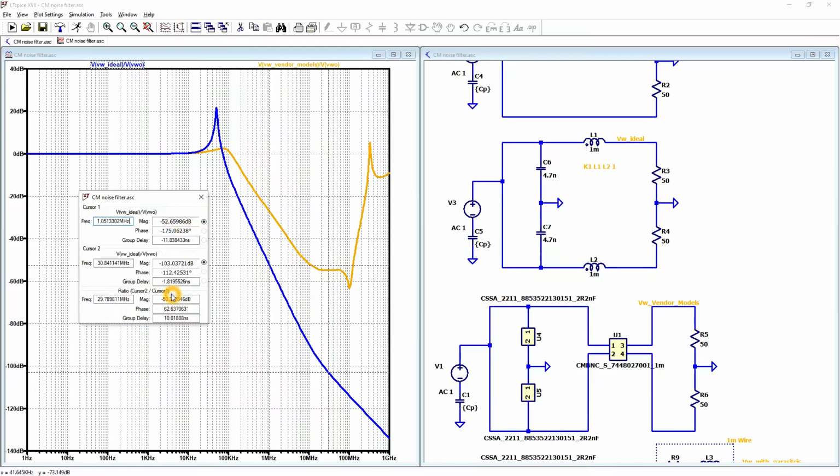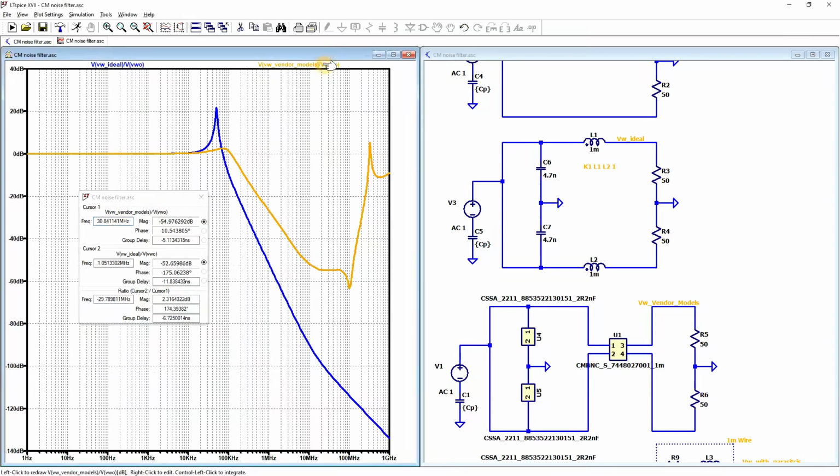This is a good value, but this is an ideal filter. So with the vendor filter, where we have parasitics, our capacitance resonance will have higher values, with 26 dB attenuation and having at the end 54.